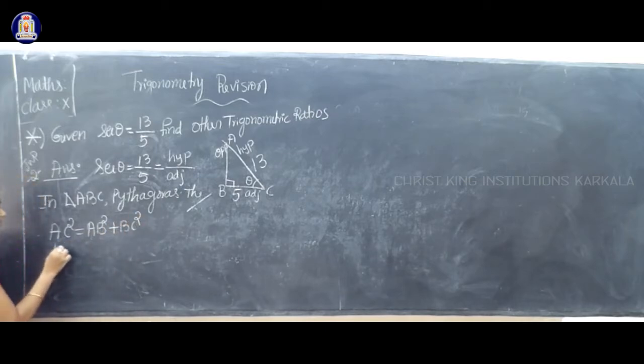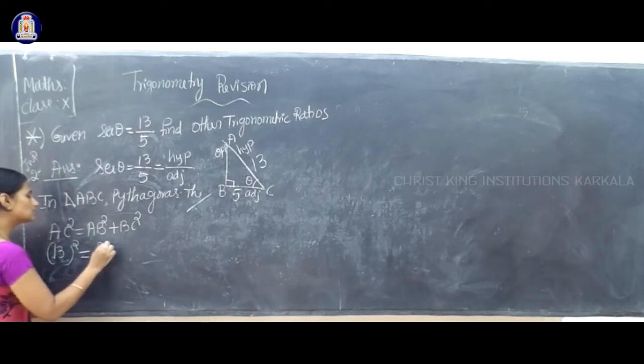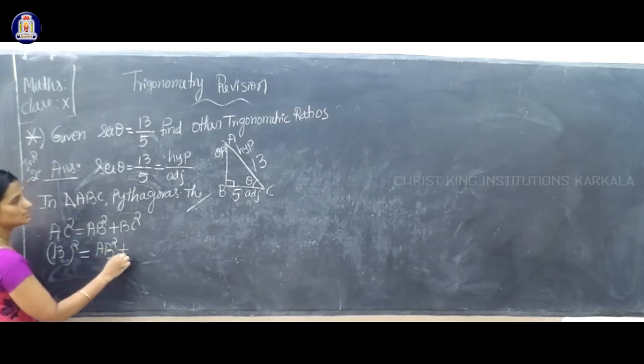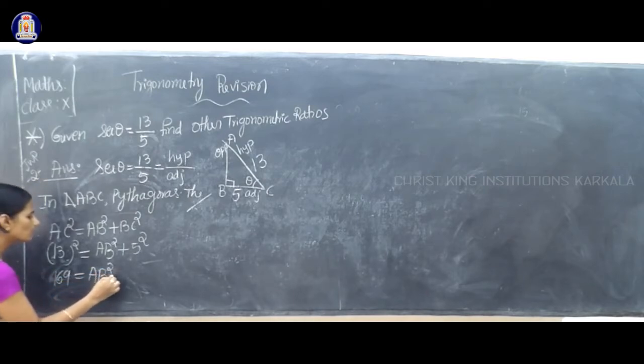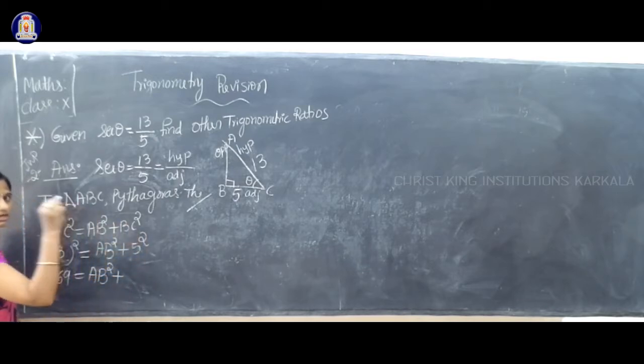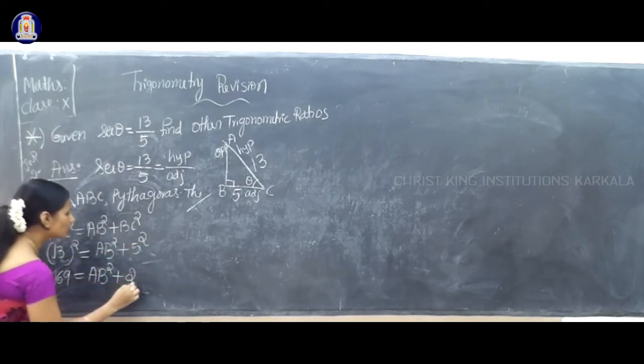So 13 square is equal to AB square, which is not given, plus 5 square. 13 square is 169, 13 into 13. 5 square is 5 into 5, which is 25.